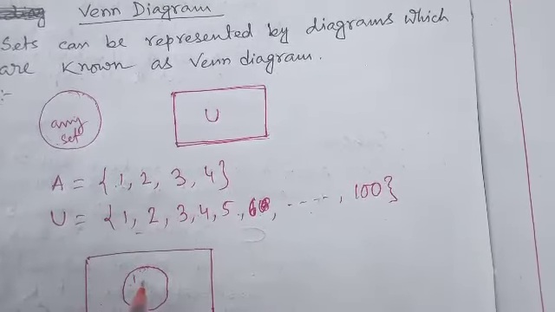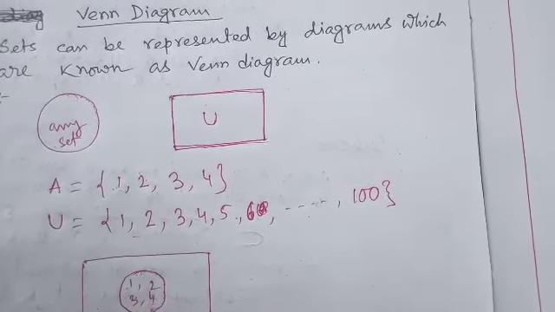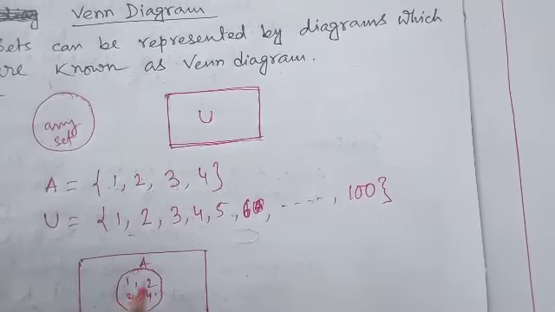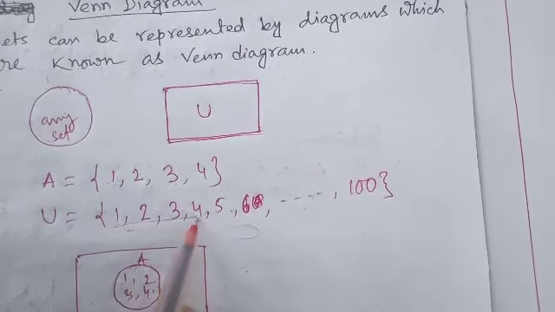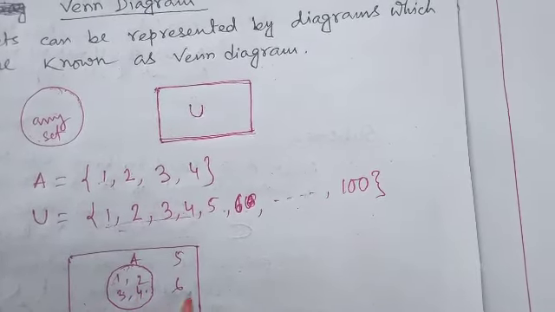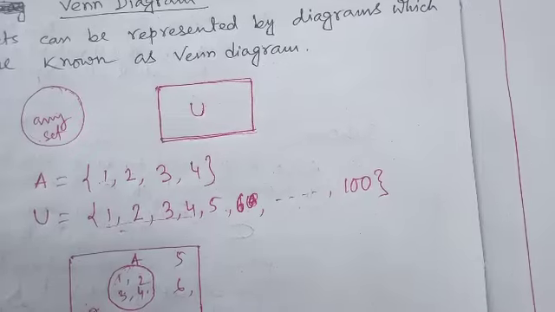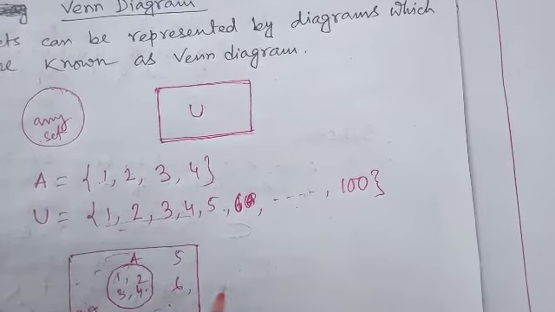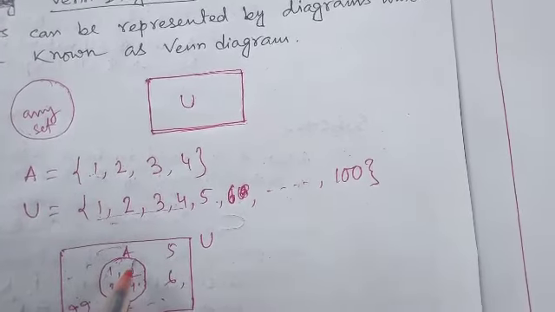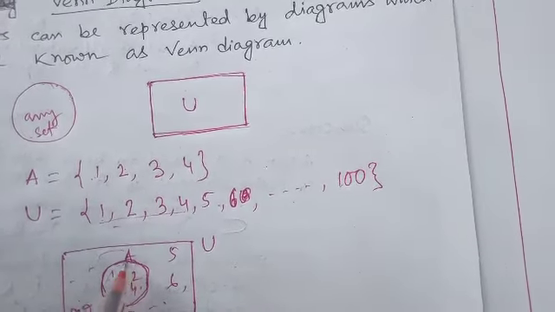So here the elements 1, 2, 3, 4 are the elements of set A, and in the universal set, 5, 6 are outside of this set, and 99, 100 and all the others belong to this universal set. So this is the representation method of a set.